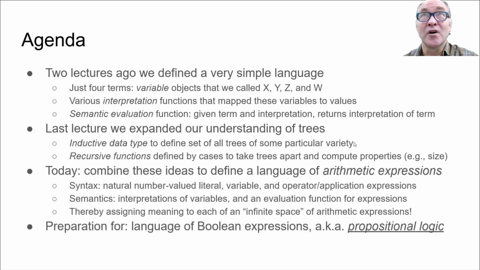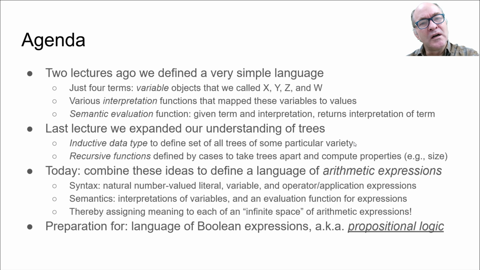For each of those, there's 2 possible values for y. So now there's only 4 possible interpretations, really, for 2 variables whose interpretations take them to the domain of Boolean values. So that's going to turn out to be really important. There's a finite number of functions from a finite number of variables to Boolean values. We'll talk more about that as we go forward.